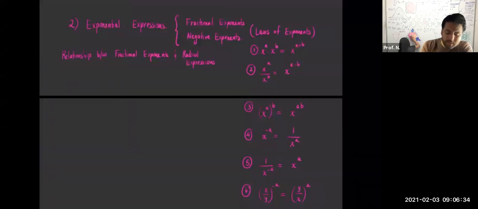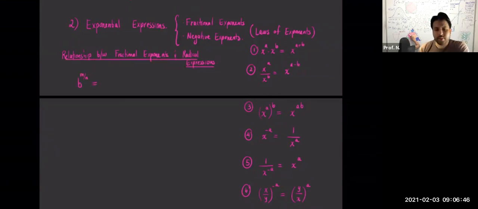So what is this relationship? Well, it's the following. If I have a base b and a fractional exponent m over n, I can rewrite this as a radical expression where the denominator n indicates the nth root, and the numerator m represents the power.